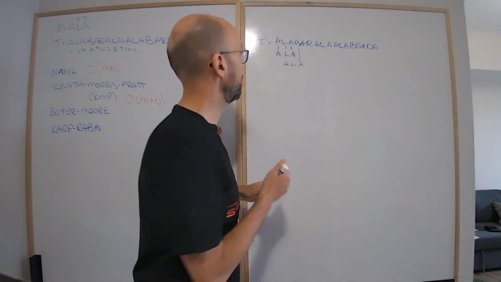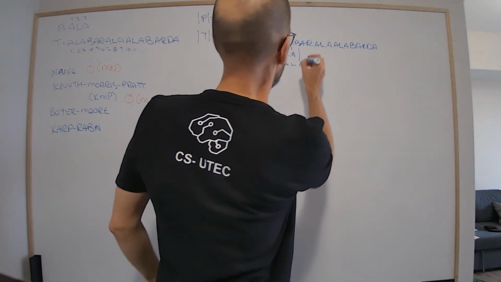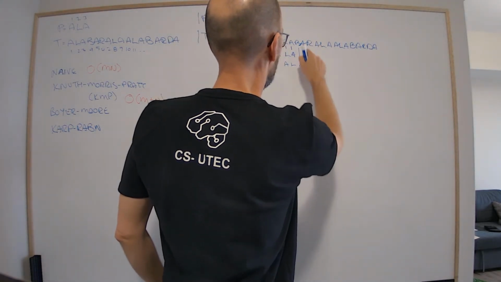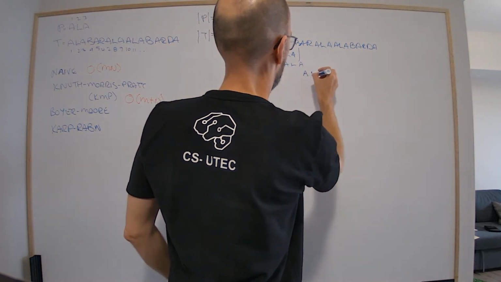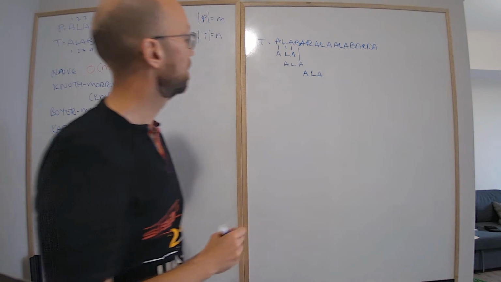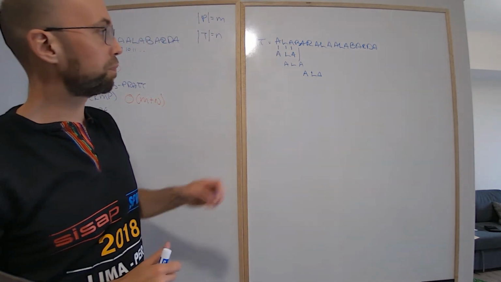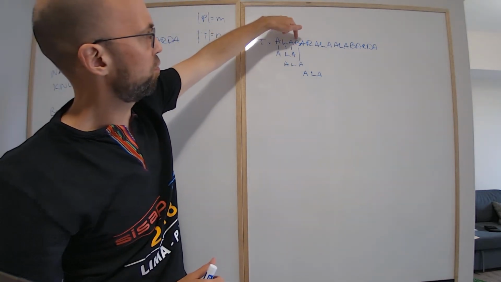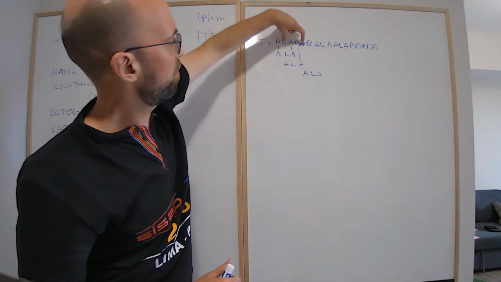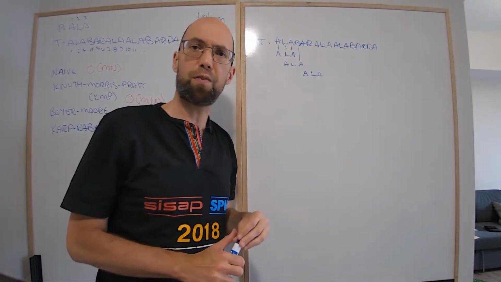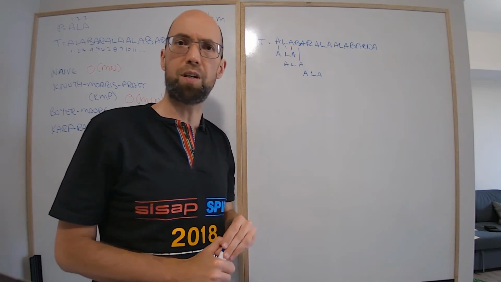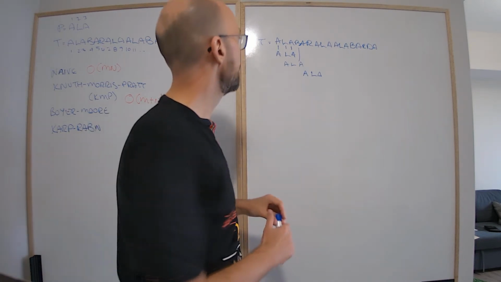So in fact, you know that you can move the pattern all the way over here. Because moving the pattern anywhere where it overlaps this B is not going to help you. You're not going to find an occurrence because there's always going to be a B there and it's going to mess things up.